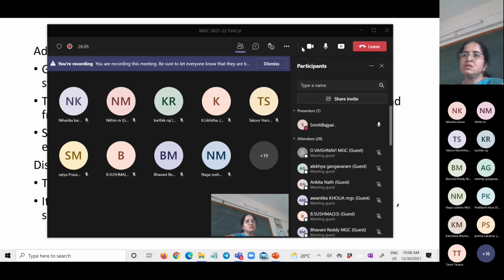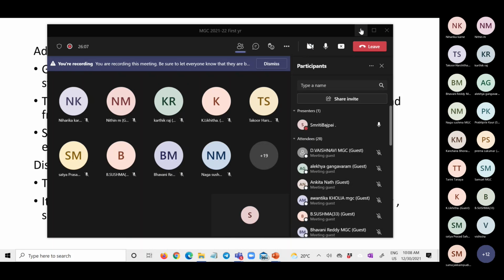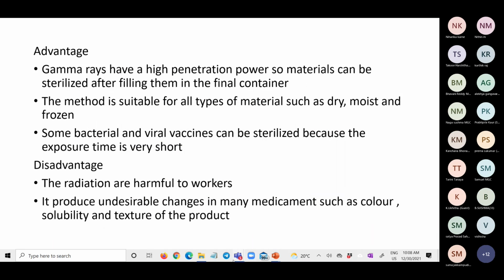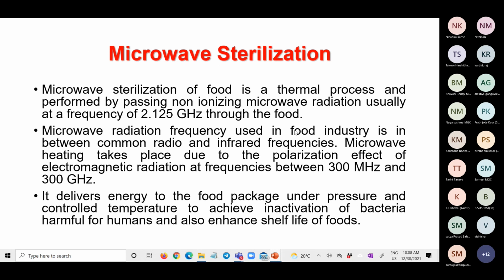Now coming to the next type, microwave sterilization. Microwave sterilization of food is a thermal process performed by passing non-ionizing microwave radiation. The microwave frequency used in the food industry is between the common radio and infrared frequencies.